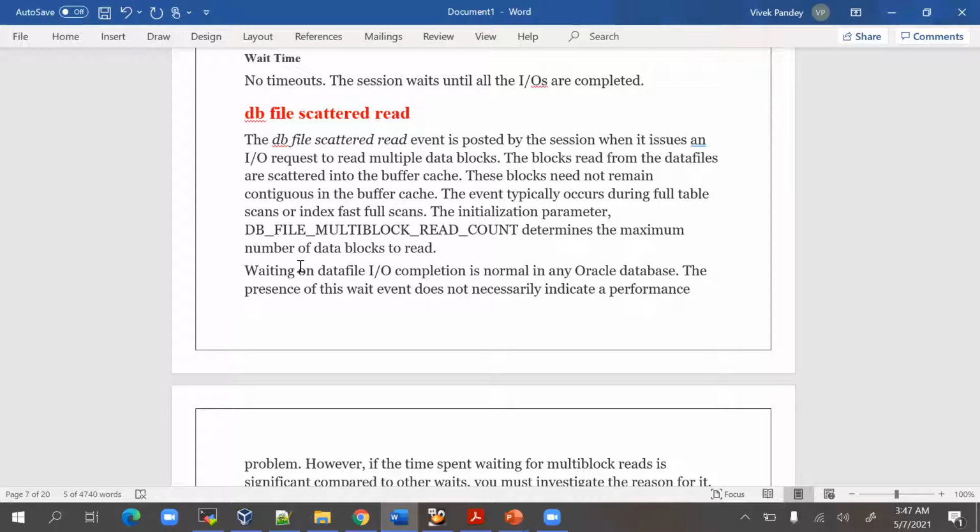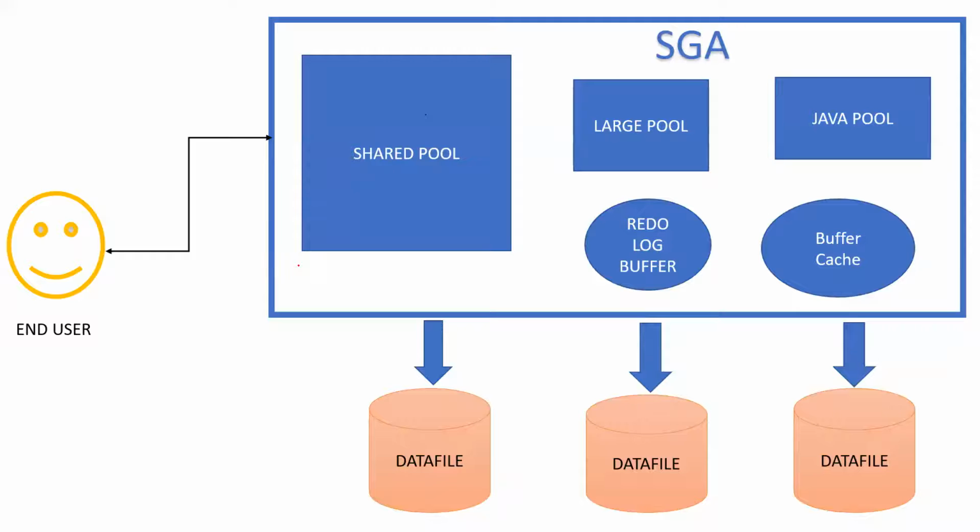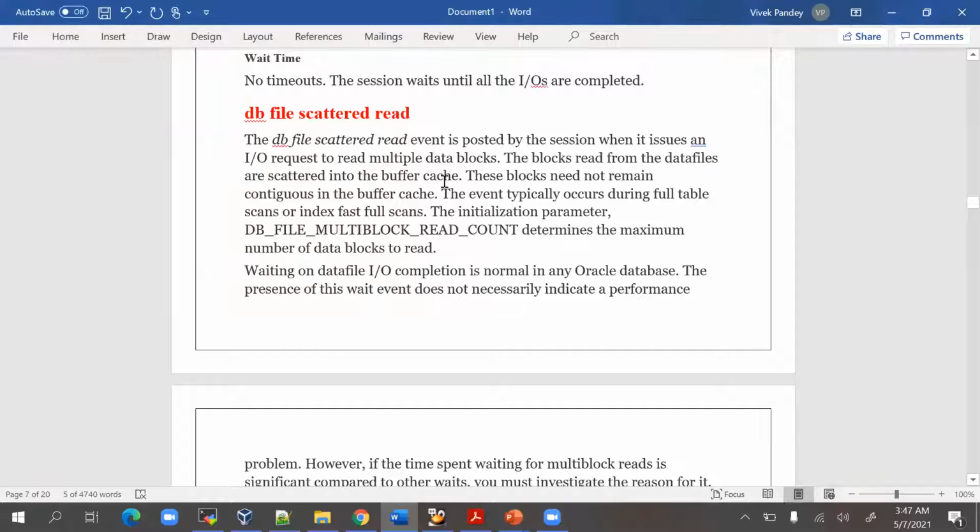So if you are reading your entire table into your buffer cache, there is no need for it to be in contiguous format. It could be randomly scattered across your buffer cache, anywhere in your buffer cache. That scenario is called db file scatter read.